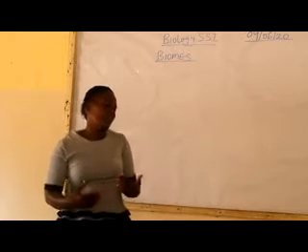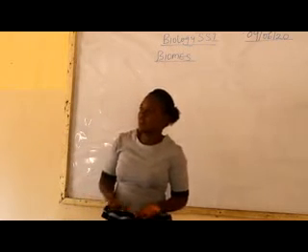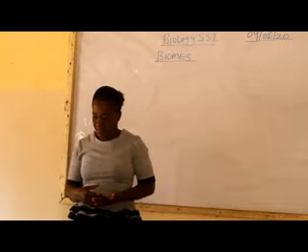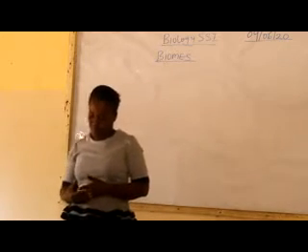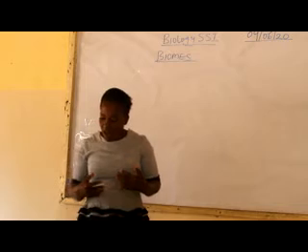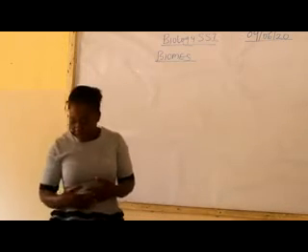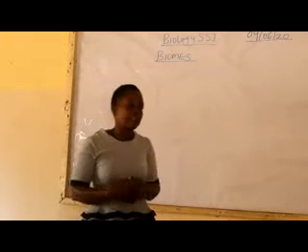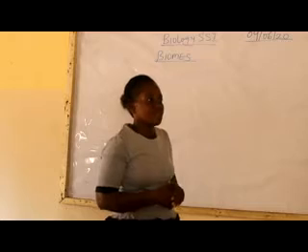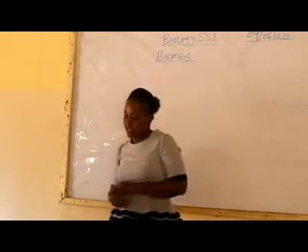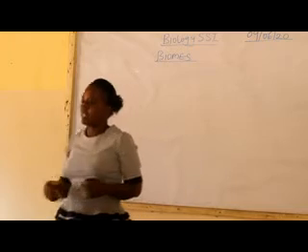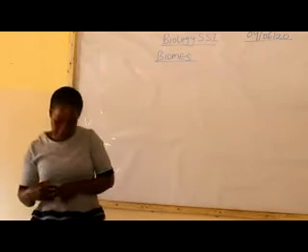Then last week again, we talked about terms associated with ecology. We talked about the environment of an organism, which consists of all the factors found in the surrounding of an organism. Environment means all the factors which affect an organism in its surrounding.